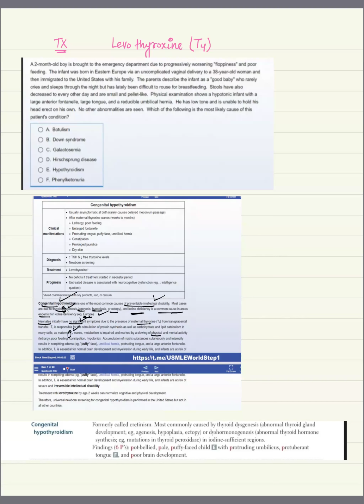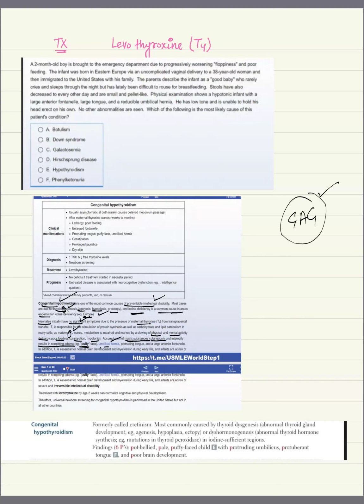The baby's physical and mental activity is going to be slow. The baby will show signs of hypothyroidism like lethargy, poor feeding, constipation, hypotonia. The other very important point: accumulation of matrix substances cutaneously and internally results in non-pitting edema, which leads to a puffy face. I already mentioned there is accumulation of glycosaminoglycans, which are proteins that are collected.